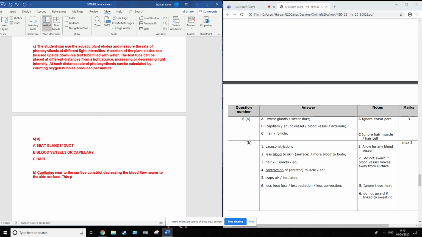This process is called vasoconstriction and prevents most of the heat lost by radiation through the skin.